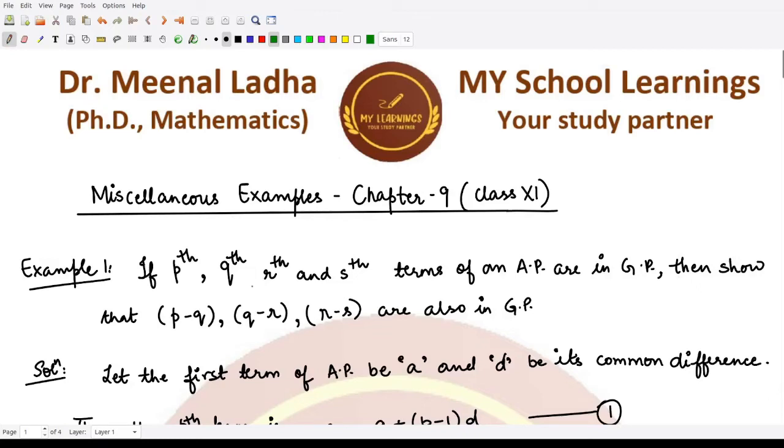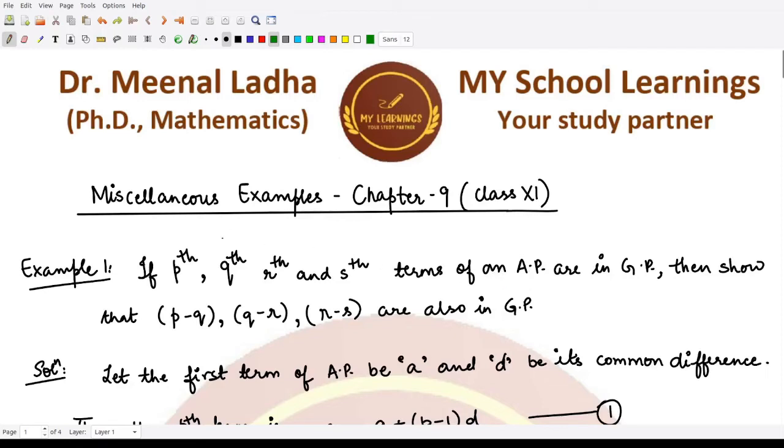If the Pth, Qth, Rth and Sth terms of an AP are in GP, this is a trickier statement.